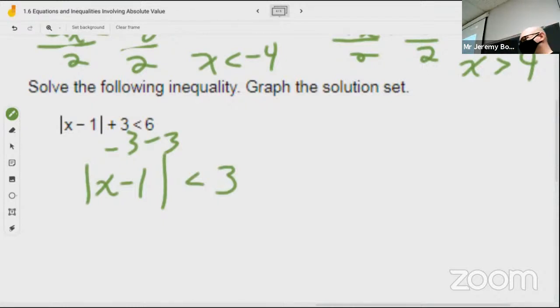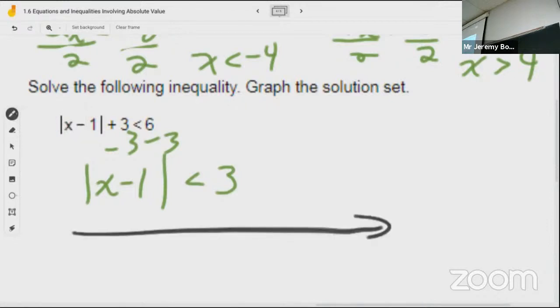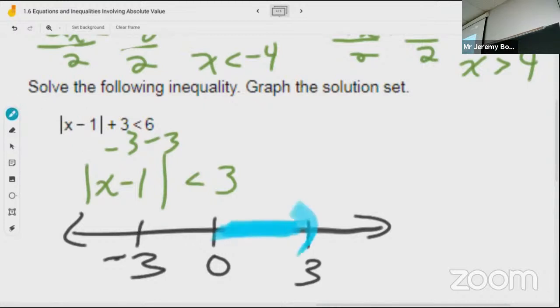So is that going to be a combined inequality or two separate ones? What do y'all think? Yeah, we can always draw it out. So it's going to be based on 3 and negative 3. It's saying x minus 1 is less than 3, so it's less than 3 units this way, less than 3 units that way. So it's going to be one interval, which means this can be a combined inequality.